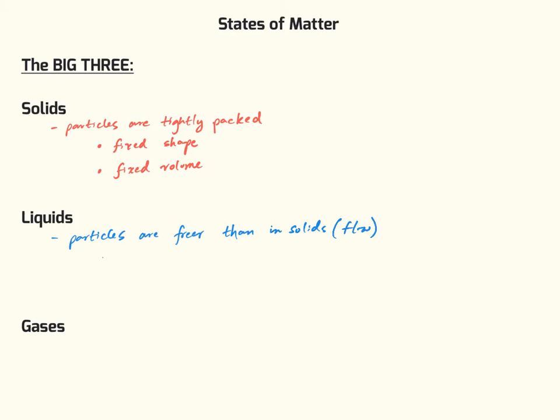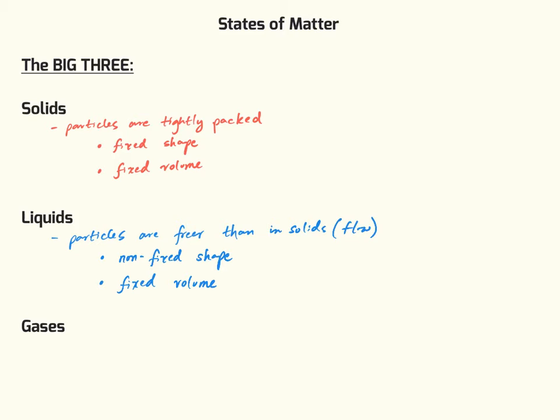And because of that, liquids have a non-fixed shape. However, they're not free enough for us to not have a fixed volume. So we do still have a fixed volume when we are working with liquids.